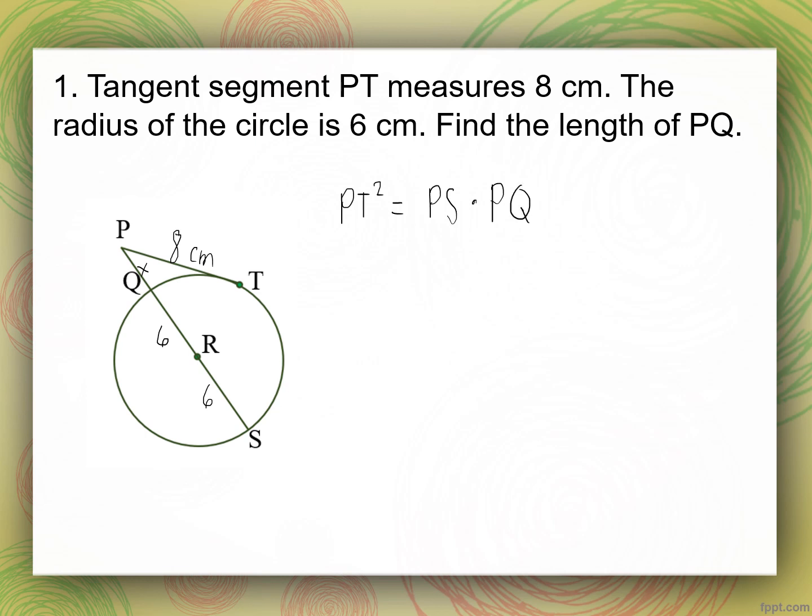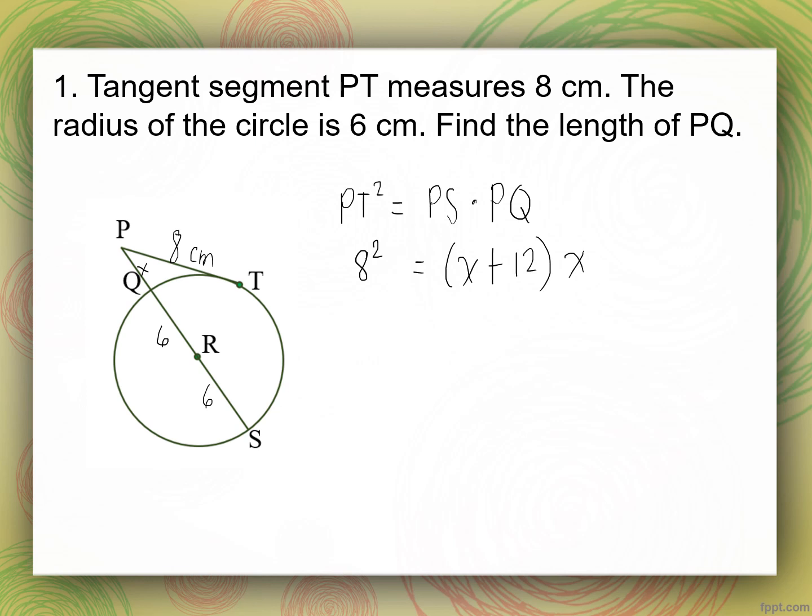Okay, let's substitute the given here. We have our PT is 8, so that would be 8 squared is equal to our PS, which is X plus 6 and 6, that is 12, times PQ, which is still X.